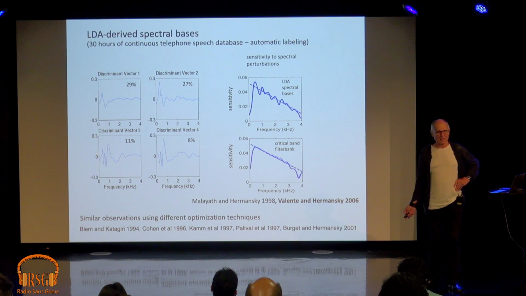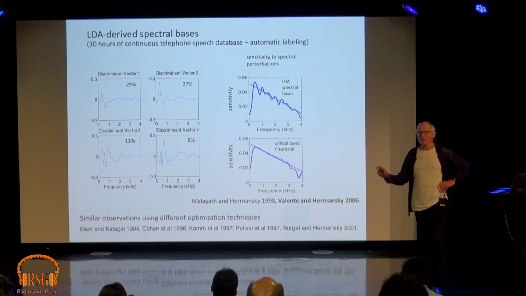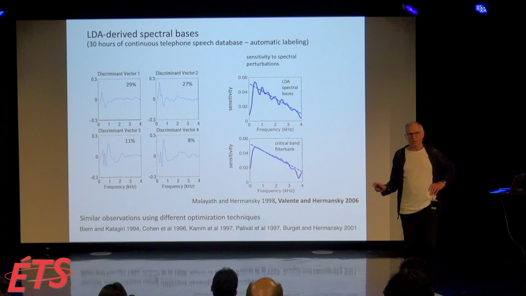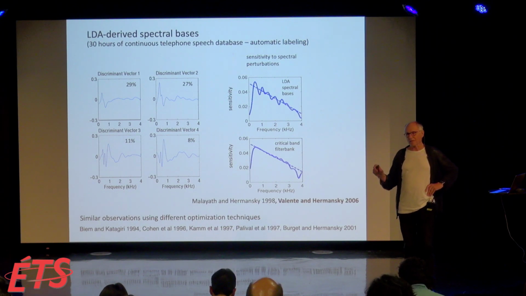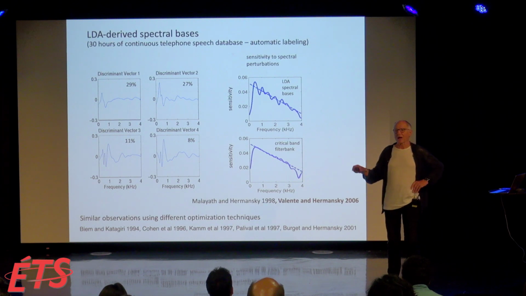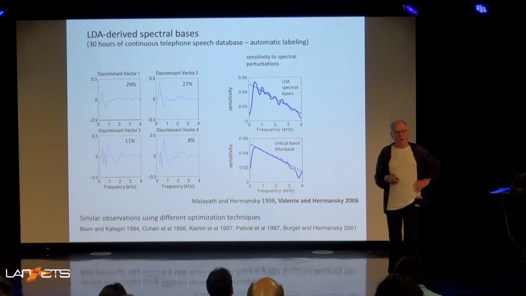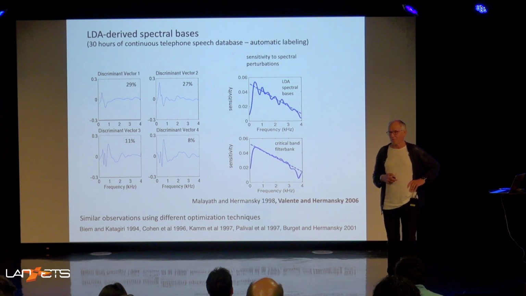What is interesting about it is that this system had zero knowledge about human hearing. All it had was the speech, and the speech was labeled with the labels which describe the phonetic quality of the particular instant of the signal. What you got out are the properties of human hearing.